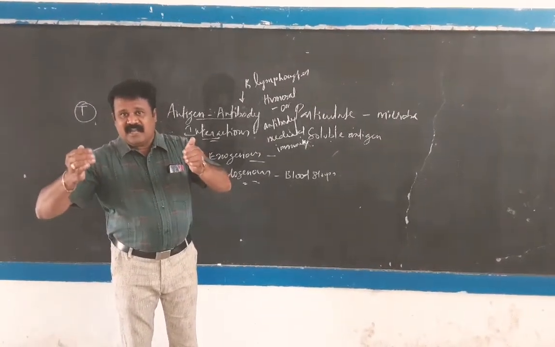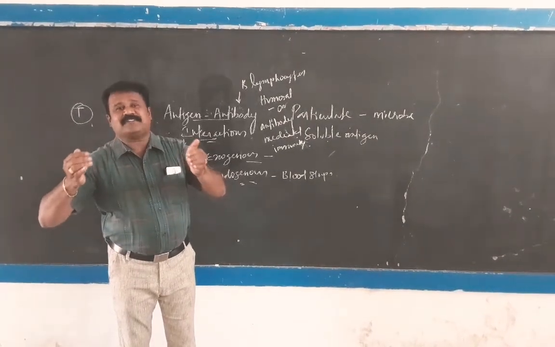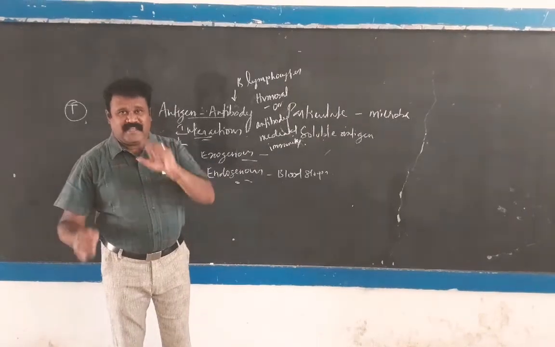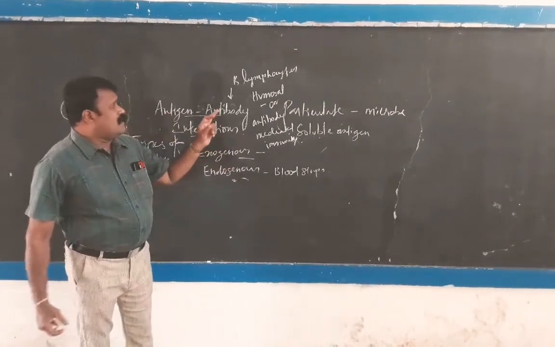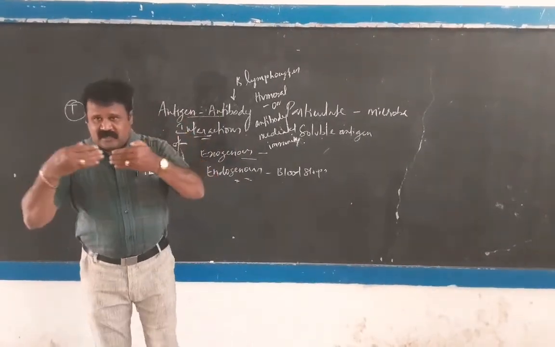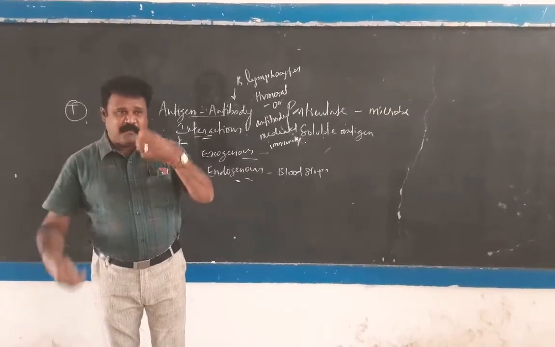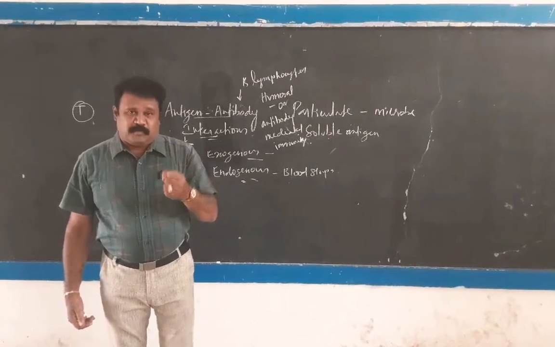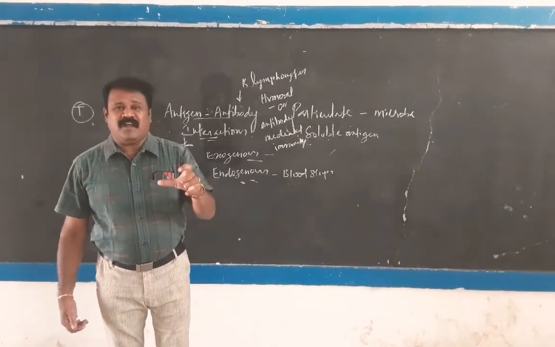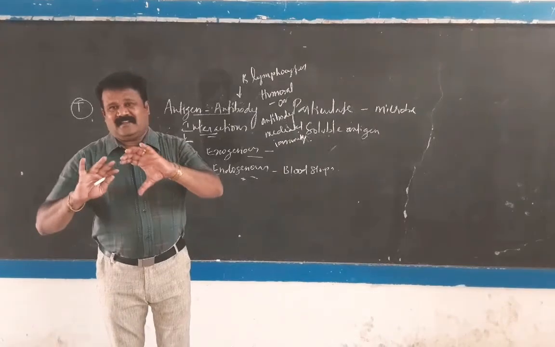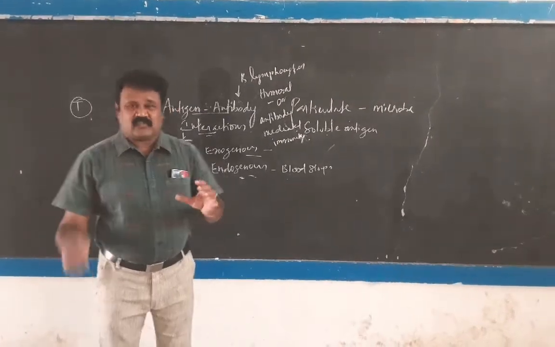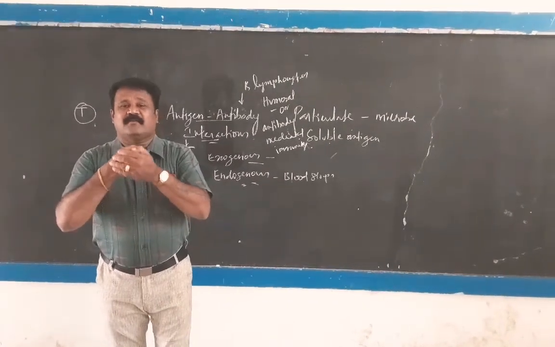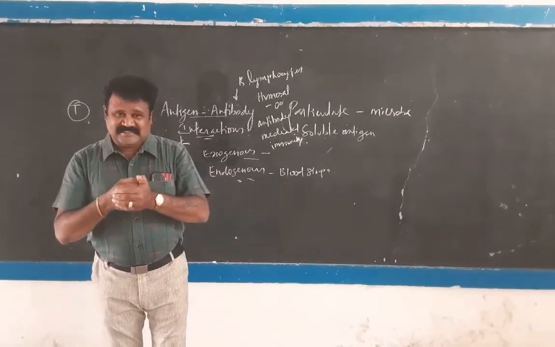If they are left at some distance, the force of binding is a little bit low. That is one thing. Secondly, while they are sticking with each other, the bond is always a non-covalent bond. If it is a covalent bond, the reaction will not be proper. So while they are binding with each other, the bonds are non-covalent bonds.